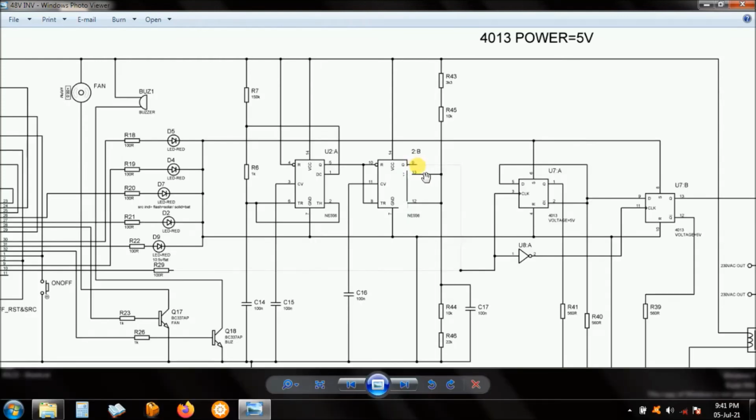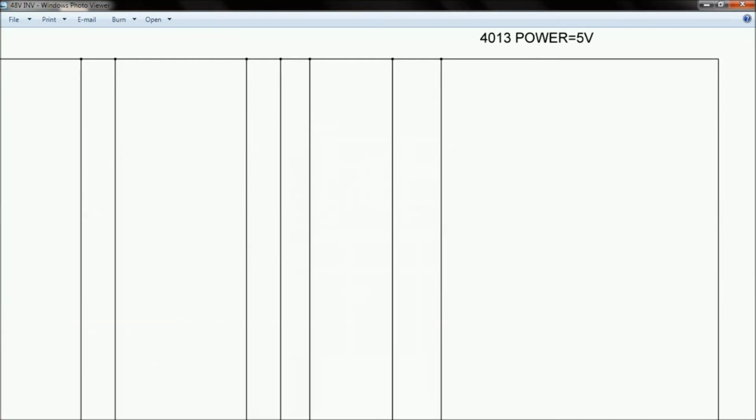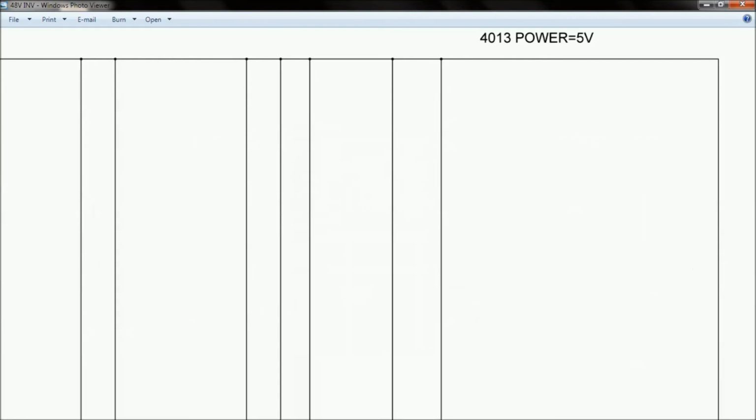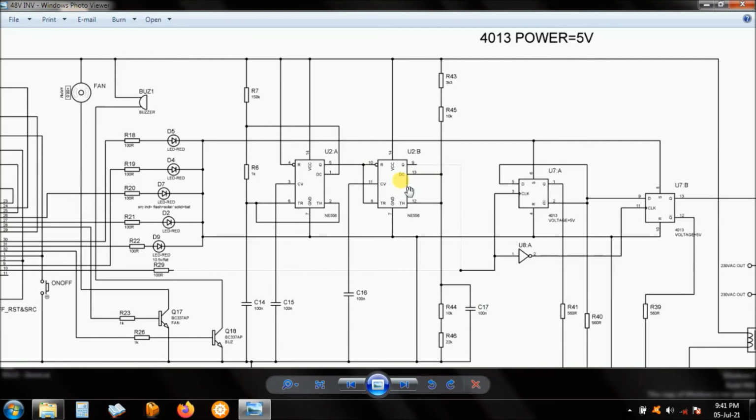When it goes low, it discharges the capacitor C17, meaning that the discharge pin has gone low. That transistor turns on and goes low, so pin number 9 becomes low.